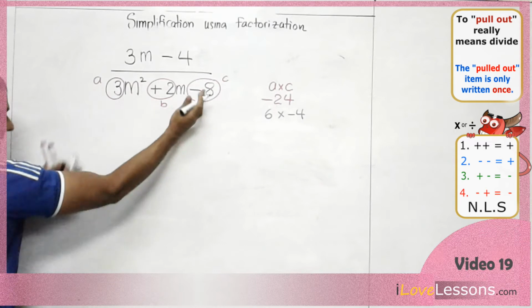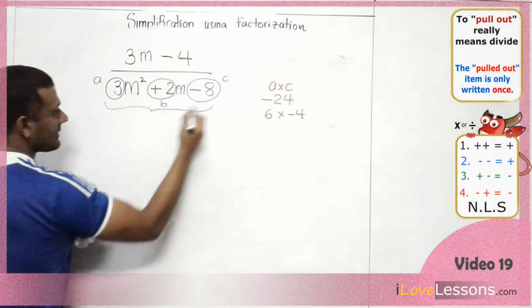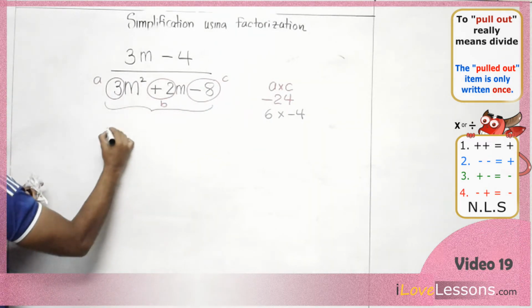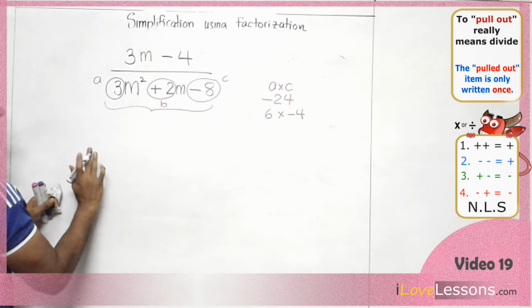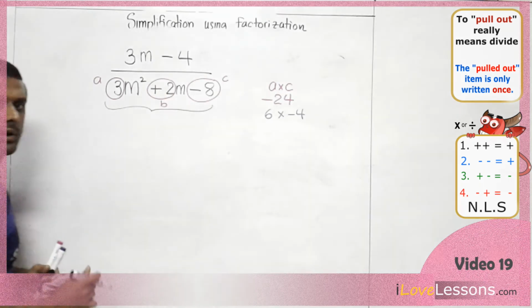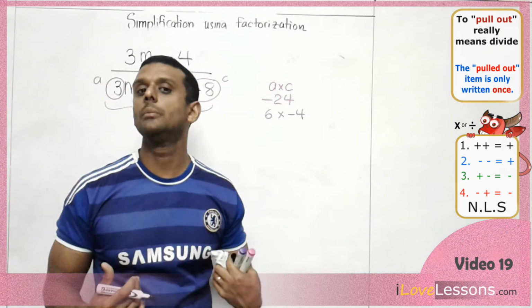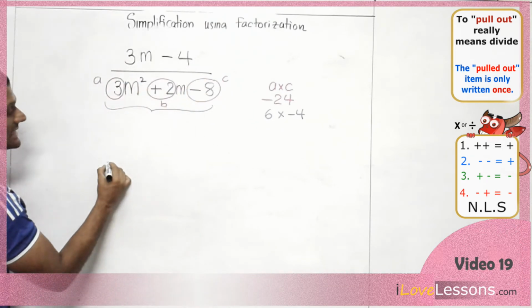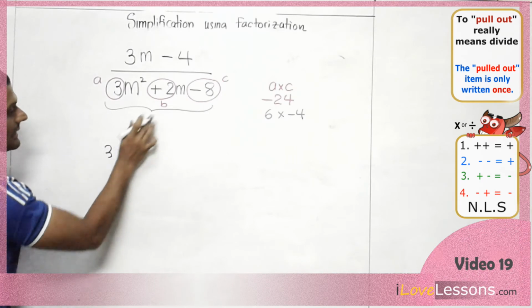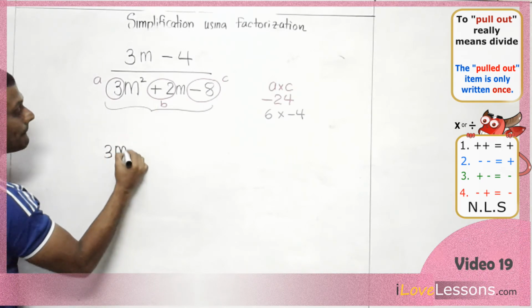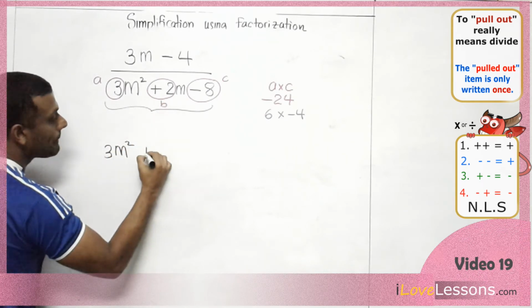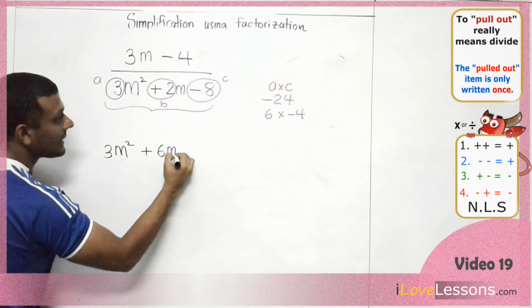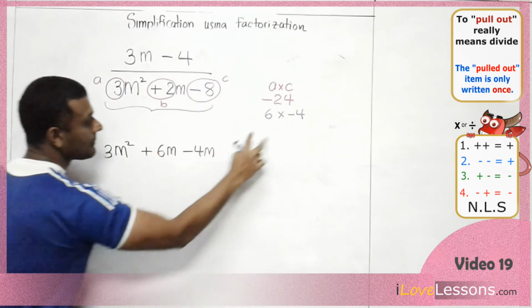So I'm going to pull this aside here and let me factorize this. If we ask the quadratic, hey, how much is your middle term? The quadratic would say, my middle term is 2m. Another way the quadratic could respond is by saying, my middle term is positive 6m minus 4m.